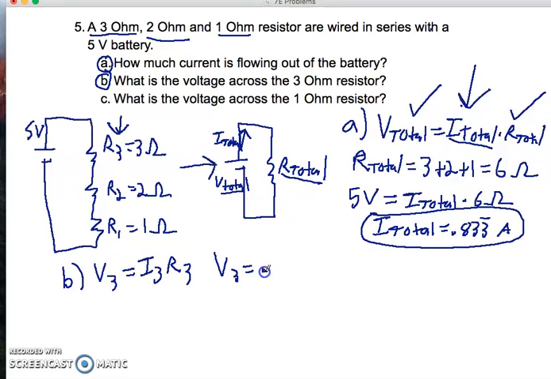It's the current flowing out of the battery, and it's the same for all the resistors because it's a series circuit. We know the resistance. It's given as 3 ohms. So we just have to calculate V3 from there. What that's going to give us is the current times the resistance. We get 2.5 volts.